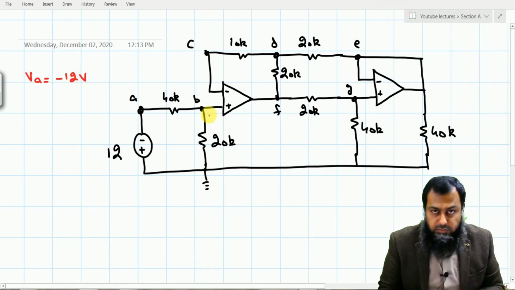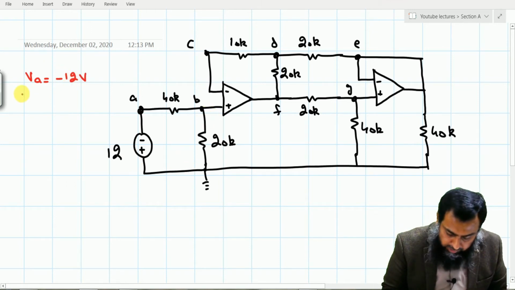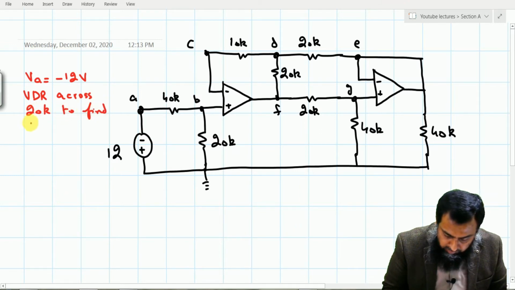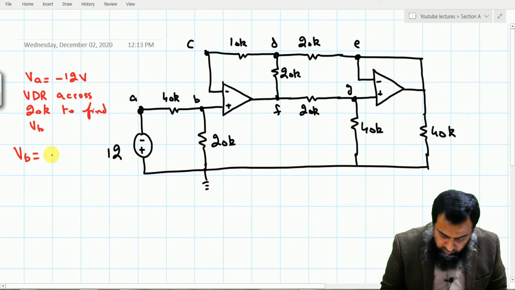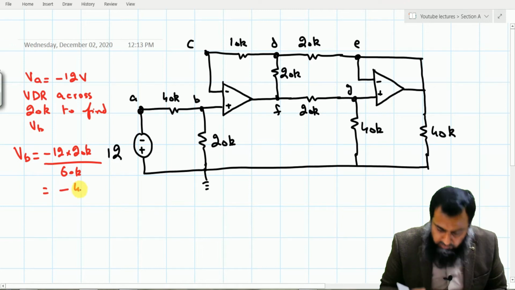To find VB, we can apply the voltage divider rule across this 20 kilo ohm resistance. That is minus 12 into 20k divided by the 60k, and this gives me minus 4 volt here.